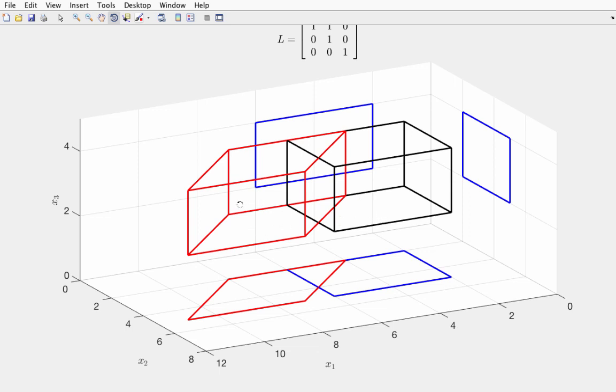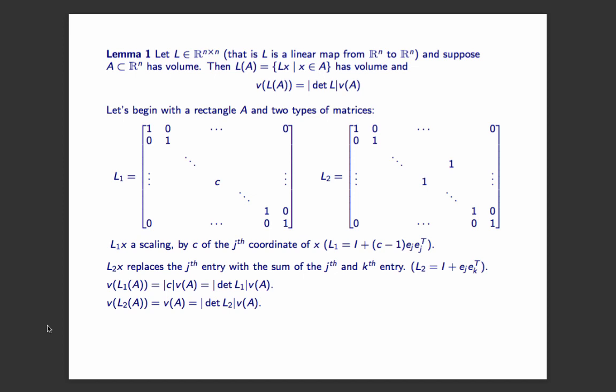Therefore, the volume of this red parallelepiped is equal to the volume of this black rectangle. And that is why we can say that if I multiply a rectangle by a matrix of type L2, I essentially get a tilting in one of the coordinate directions. But if I look at the base in that plane, the area remains the same, and all other coordinate entries remain the same. Therefore, the volume is the same.